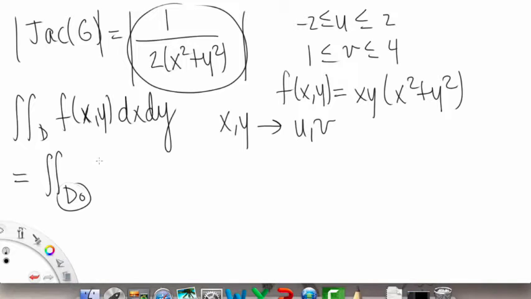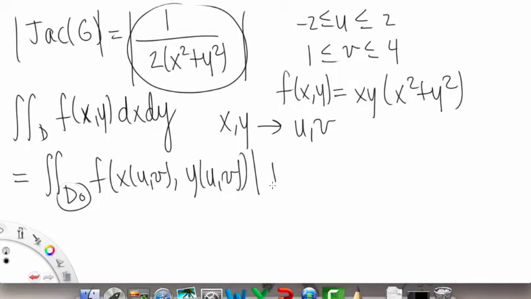So this is going to be f of x depending on u and v, and y depending on u and v. And then we have our Jacobian here. That's where we're going to insert this circled thing. And then du dv, or dv du, whichever way you want to put it.